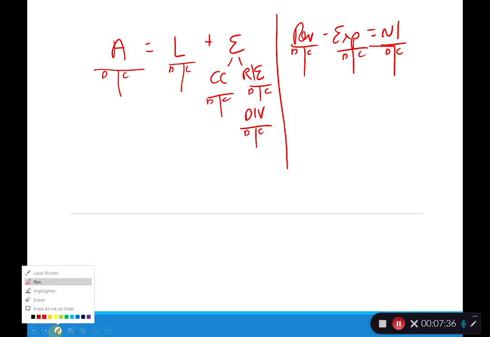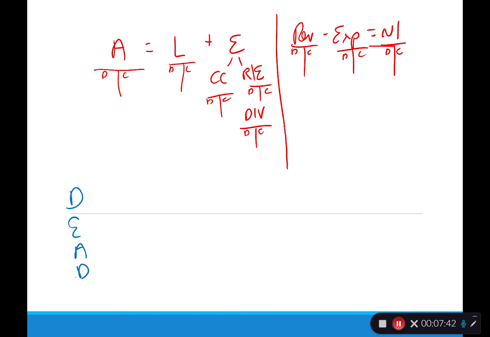And then change my color, get fancy. We have to remember this word here, dead, because you will be dead if you don't remember this. So we need to debit expenses, assets, and dividends to make them go up. Those are the accounts that are going to go up.